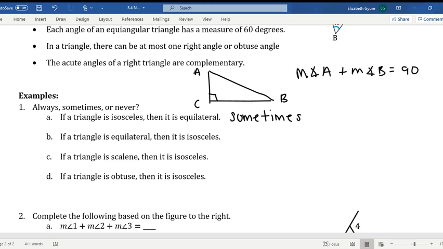But if you reverse it, if it's equilateral, isn't it automatically going to also be isosceles? Because an isosceles is at least 2 congruent. An equilateral means that all 3 are congruent. If all 3 are congruent, won't at least 2 for sure be congruent? So this one would actually be always. Does that make sense, Justin? Yeah, okay.